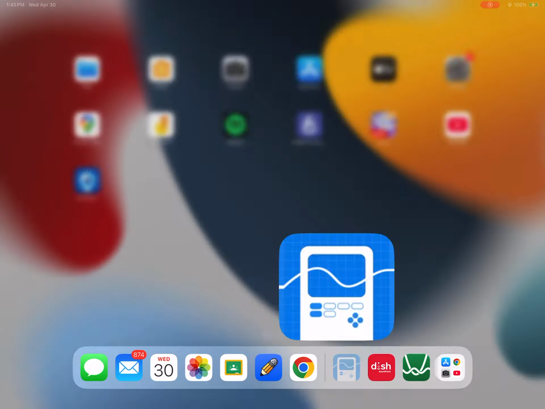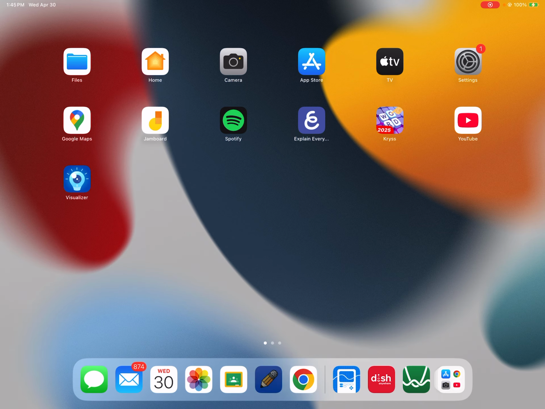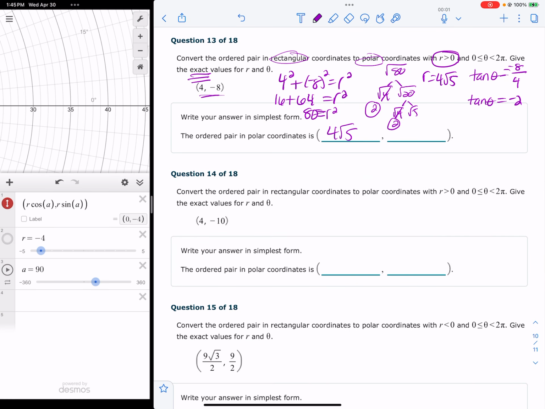So that tells me I don't have an exact value for that one. Now, I feel like I've said this all the time, but this is not a problem I've ever had to do before. There's literally 0 point in writing the exact value because what they want you to do is write it as an inverse. Okay? So our angle, or our theta, is going to be the inverse tangent of negative 2.